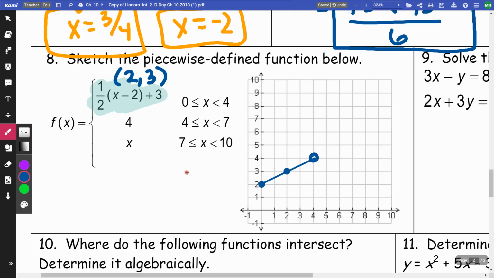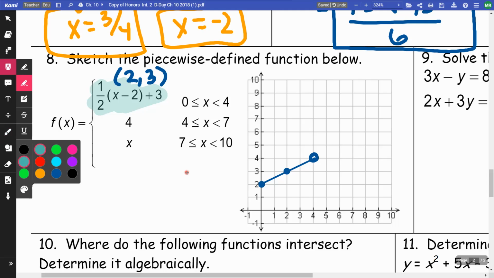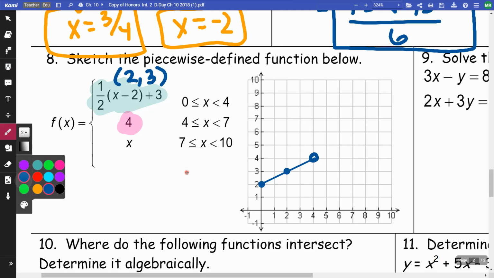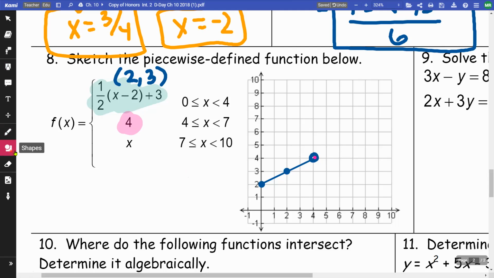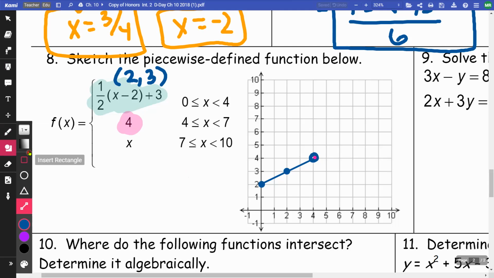Then the next one I'm going to be graphing is y equals 4. So that is going to be a horizontal line, but what's going to happen is I'm going to start here from 4 to 7. And this was an open dot, but actually now it's going to become a filled in solid dot, because this is always y equals 4.